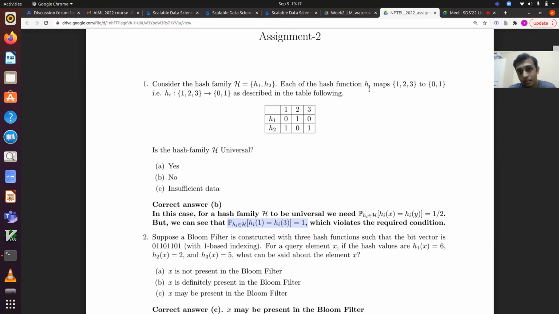No, because your H1 maps 1 to 0 and 3 to 0, so there is a collision there. And H2 maps 1 to 1 and 3 to 1, so there is always a collision there. Both H1 and H2 always have a collision on 1 and 3. That's the problem: there is no hash function here which does not have a collision between 1 and 3.